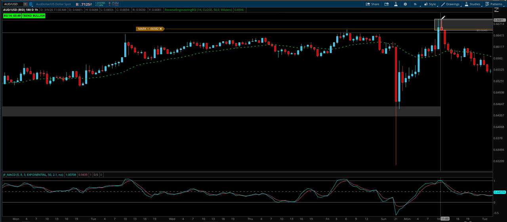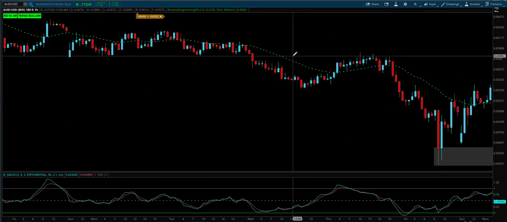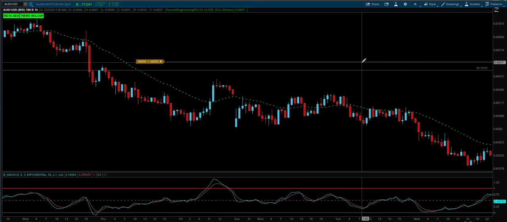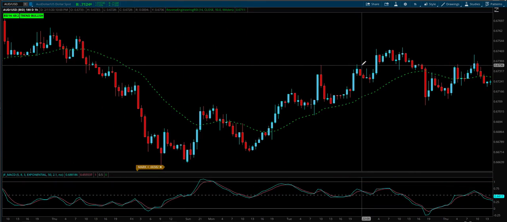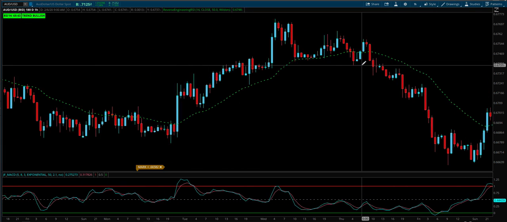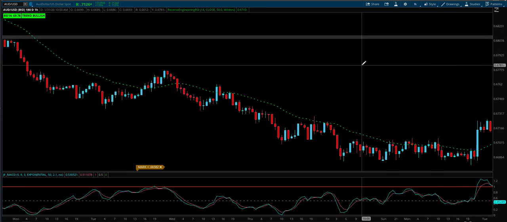A big reaction off a supply or a demand zone is going to yield you more profit than a simple, plain vanilla bounce of support or resistance. And that's why you got to kind of know the difference and try to look for those areas where you think you're going to get a significant reaction.